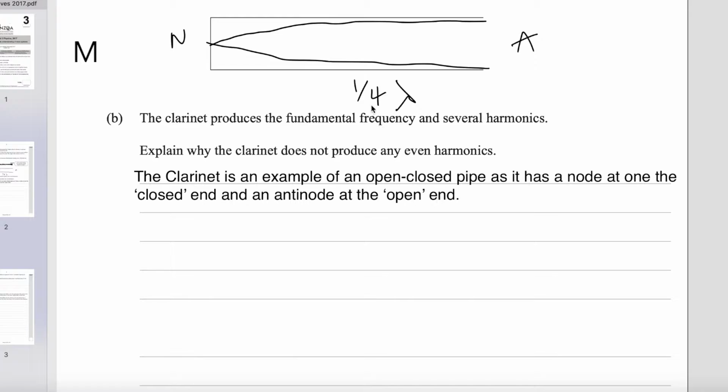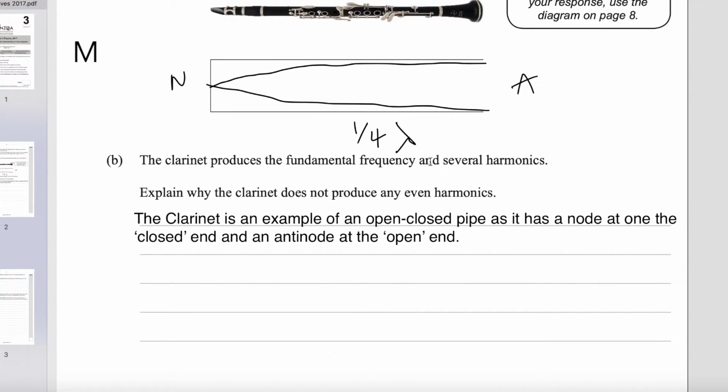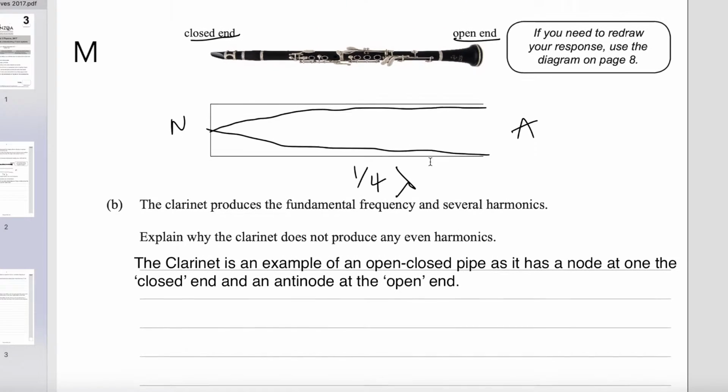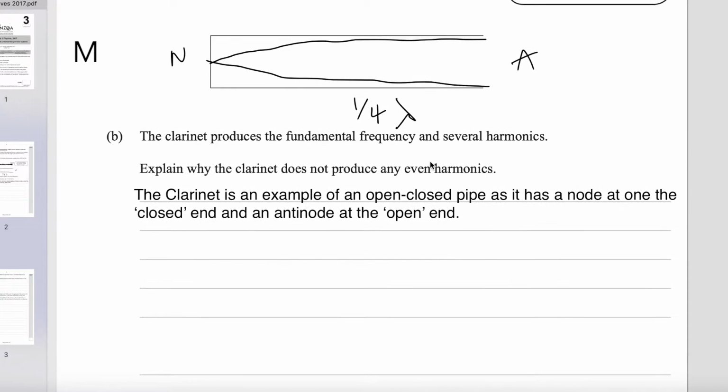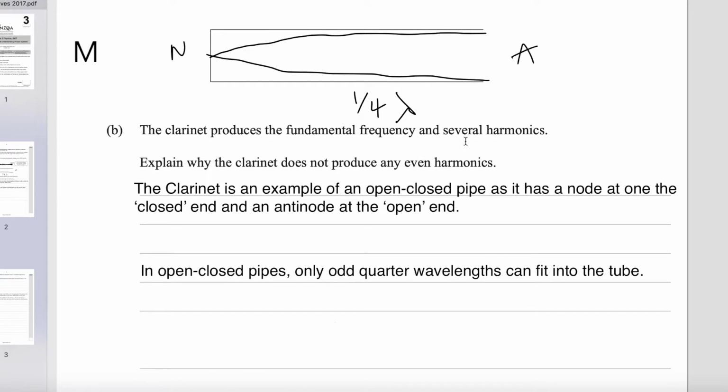Now, as we stated before, in an open-closed pipe, we can only fit quarter wavelengths in. In fact, we can only fit odd quarter wavelengths in. So that's like quarter lambda, 3/4 lambda, 5/4 lambda, etc. And so by stating that, we can say that in open-closed pipes, only odd quarter wavelengths can fit into the tube, or the length.